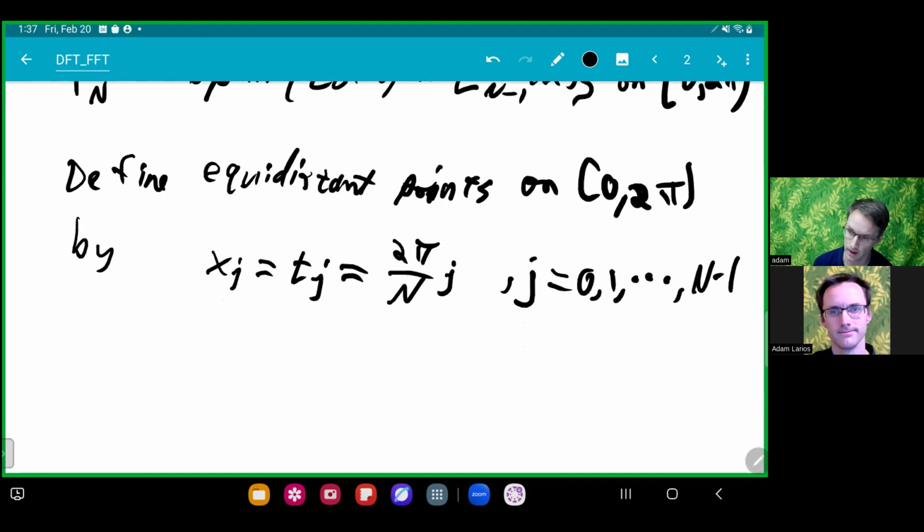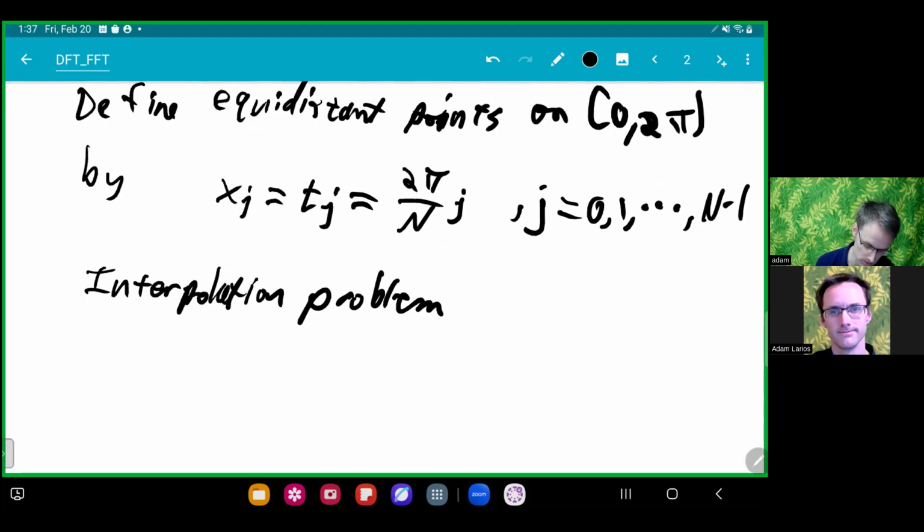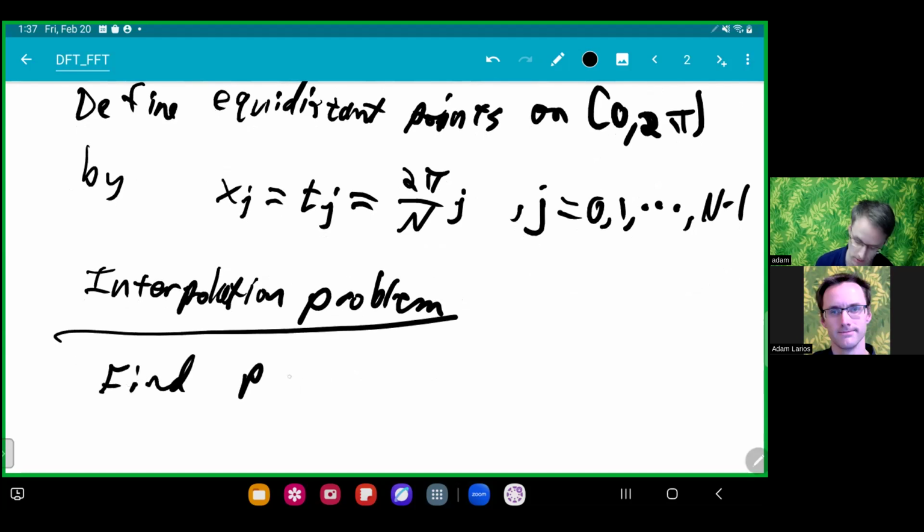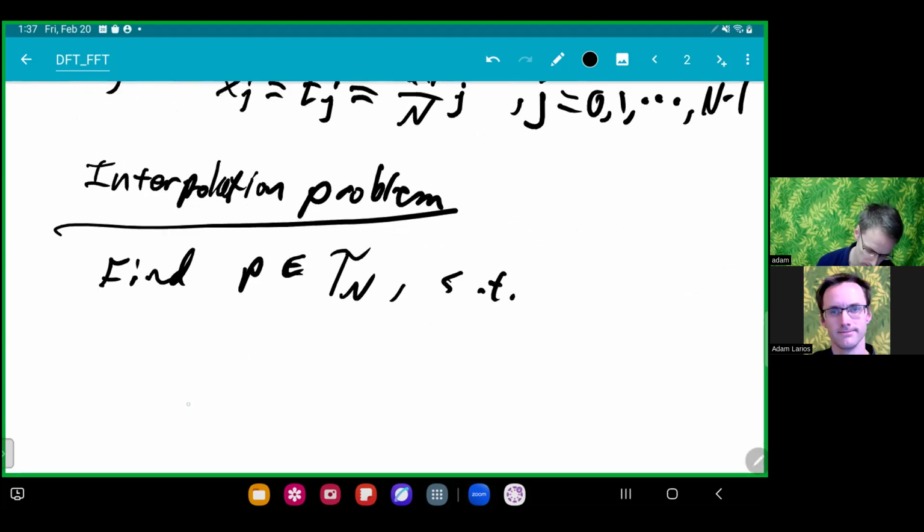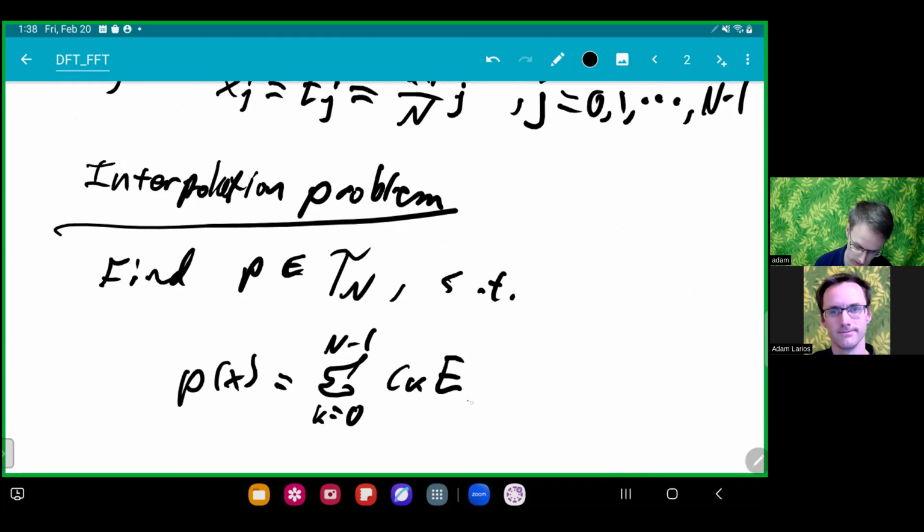All right, so the interpolation problem is the following. We want to find some polynomial in our T_n space, such that P of x is equal to the summation of k goes from 0 up to n minus 1, c_k e_k of x, where these c_k's are just complex numbers.